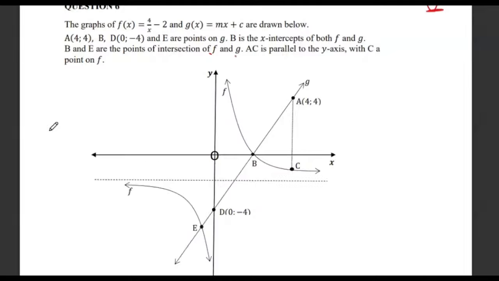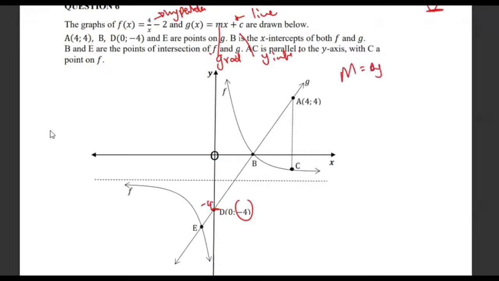So what do m and c stand for? The 4 over x represents a hyperbola, and mx plus c is a straight line. With a straight line, m represents the gradient and c represents the y-intercept. We already have the y-intercept as -4. The only thing we need is the gradient. How do we find it?